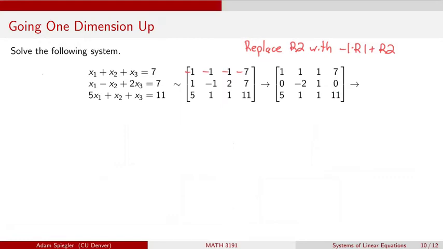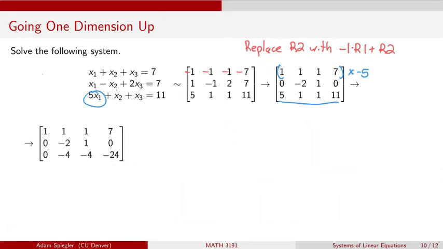And then let's do a similar thing again, where now we're going to multiply this top row, let's say, by minus 5, and add it to row 3 so that we can eliminate the coefficient in front of the x1.